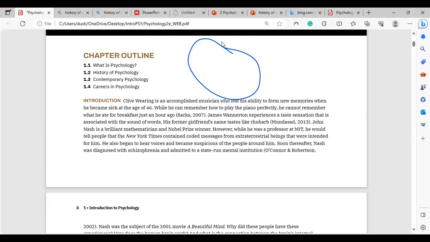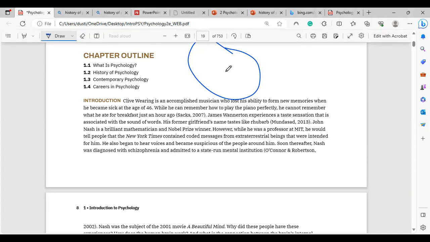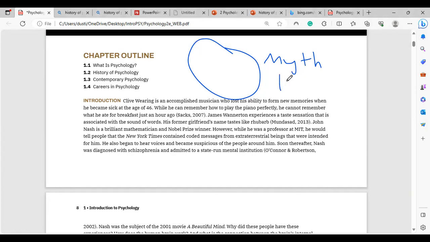So there's this thing you might have heard of as a myth, but people have said at one point that people only use 10% of our brains. Now, is that something that is real? Is that something that is true? In the world of psychology, people would look at that and ask, well, is that right?